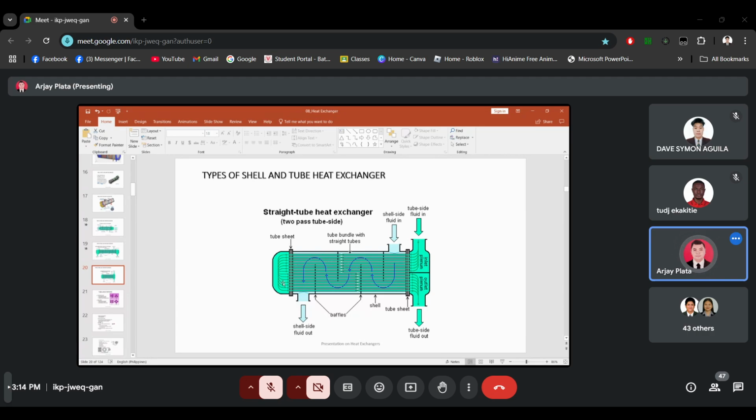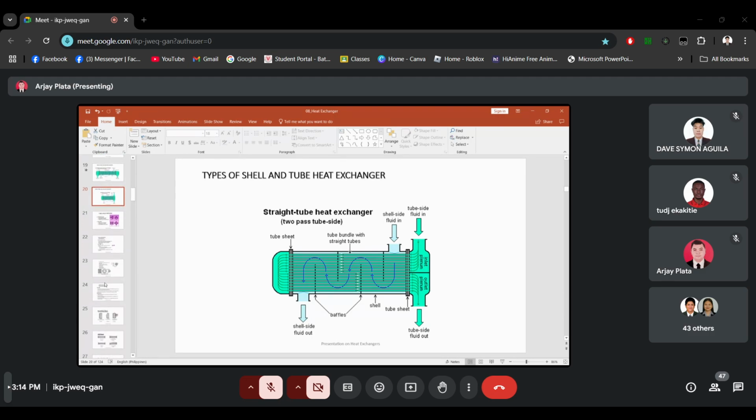First pass and then second pass and then the fluid goes out.